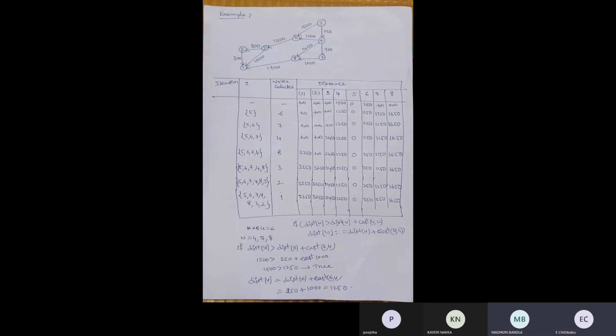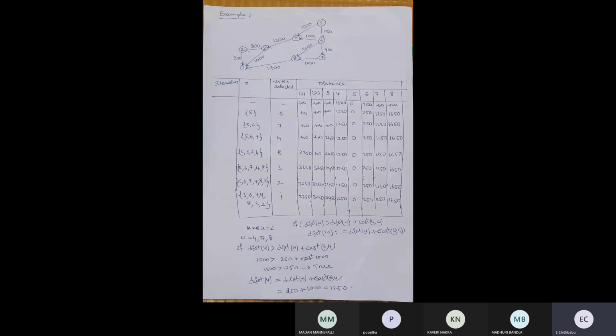What is the distance of 1? 3350, I pointed it out previously. Distance of 1 is 3350, greater than distance of 2, which is 3250, plus cost of 2 comma 1, which is 300. 3350 greater than 3550.